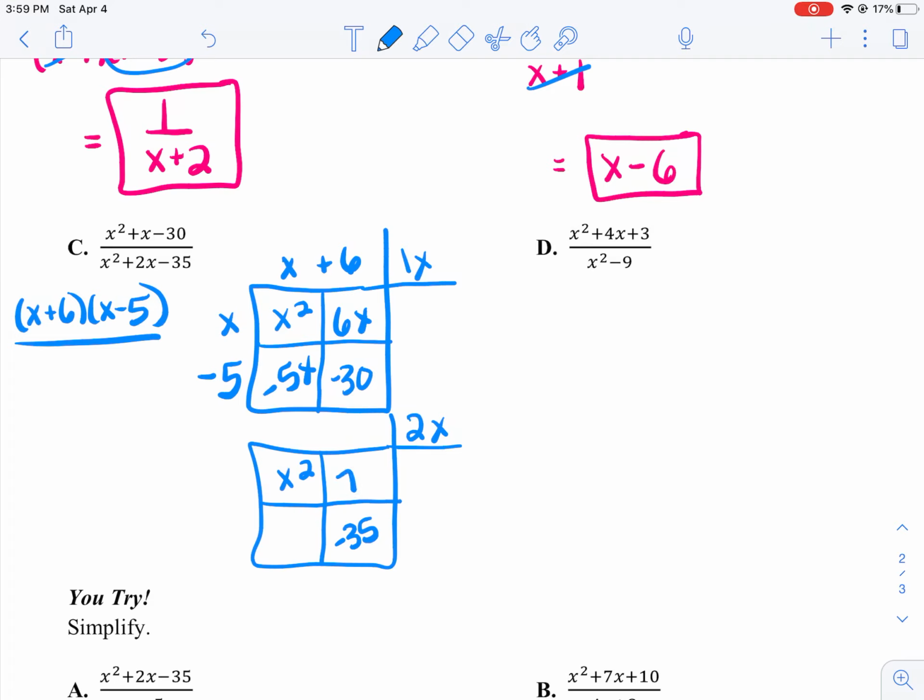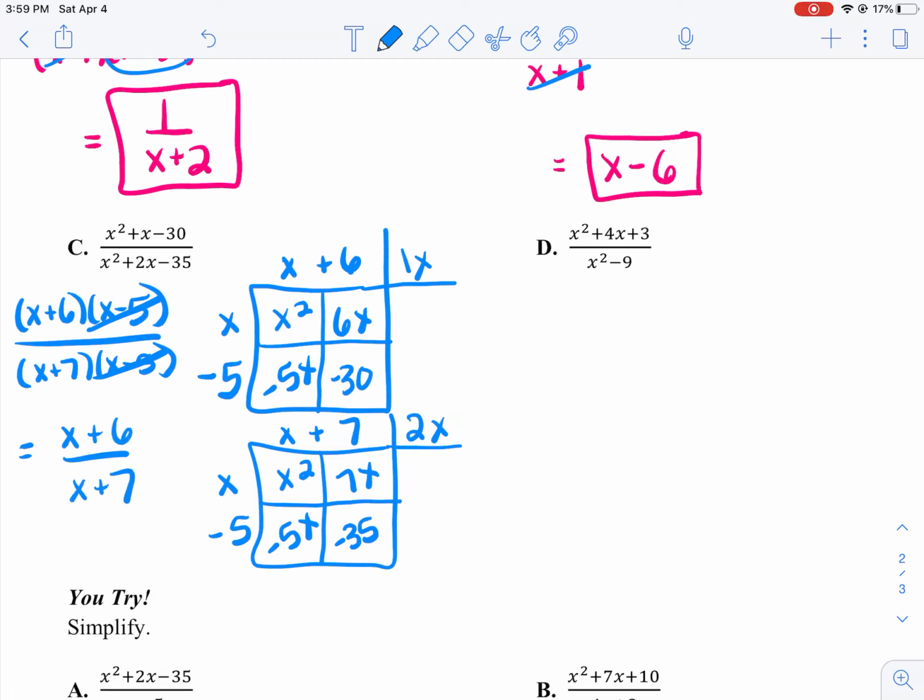So we can use 7 and negative 5. So 7x and negative 5x, take out an x, and we get x plus 7 and x minus 5. So x plus 7 and x minus 5. So we're going to cross out the x minus 5s, and we're left with an x plus 6 on top and an x plus 7 on the bottom.